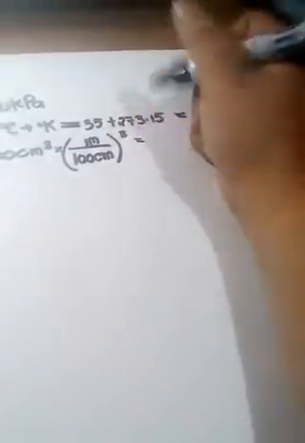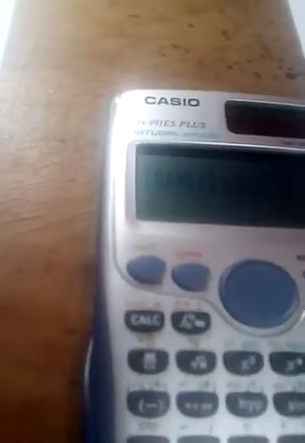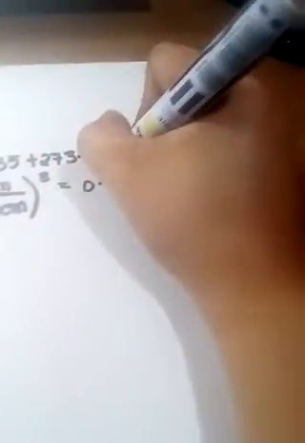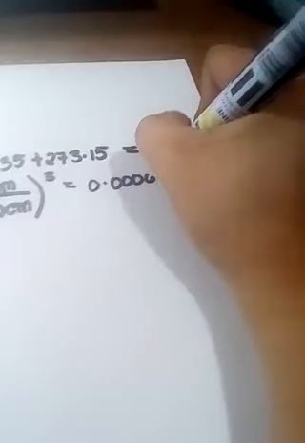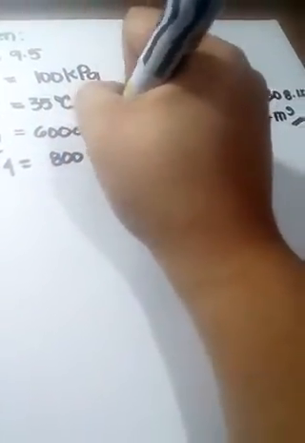Therefore, 600 times 100 to the negative 3 is 6 times 10 raised to negative 4, or 0.0006 cubic meter. Another given is the T4, which is 800 degrees Kelvin.